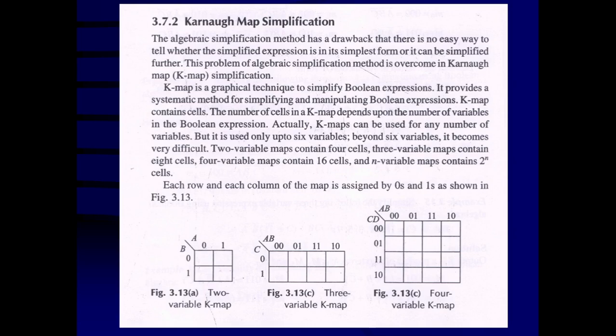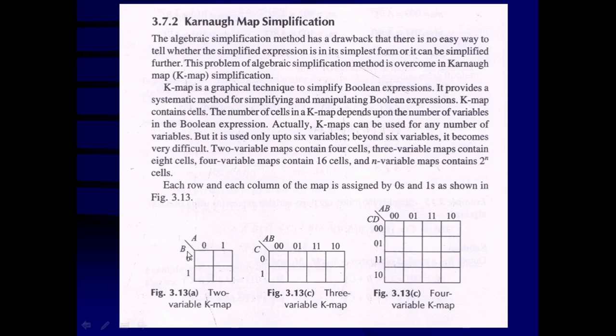Each row and each column of the map is assigned the values 0 and 1, as shown in figure 3.13. This is a 2 variable Carnot map. Variable A is written here, in the horizontal direction. A will have two different values, either 0 followed by 1.